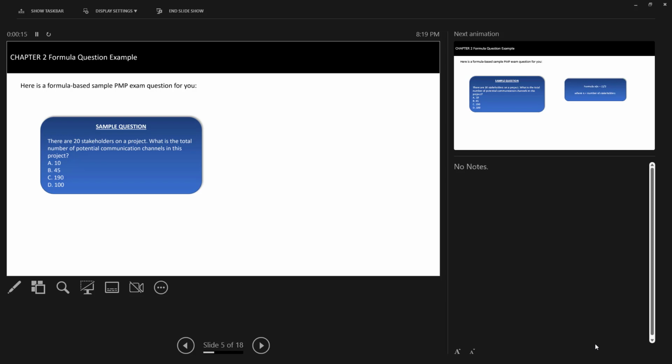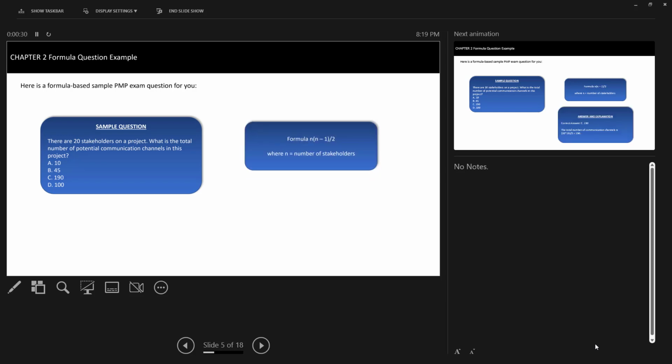This is a PMP exam question for you. There are 20 stakeholders on a project. What is the total number of potential communication channels in this project? I've given you four options. Use this formula, where N is the number of stakeholders. What is the answer you get?